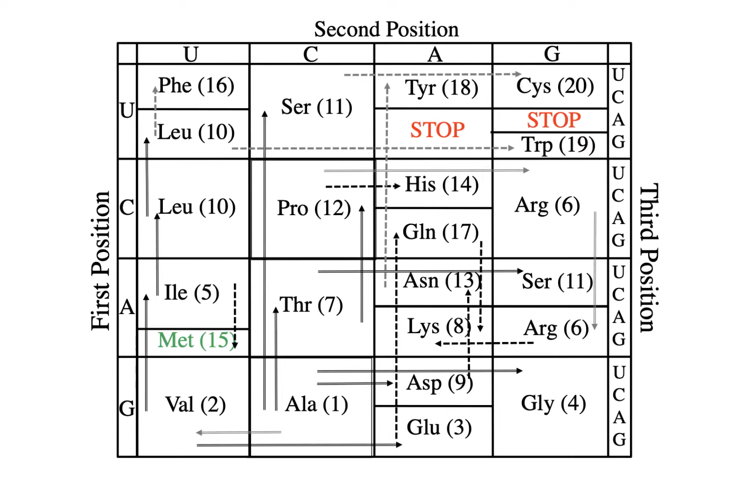So you can make up a fairly good story that this model for evolution of the genetic code is probably pretty close to what actually happened.